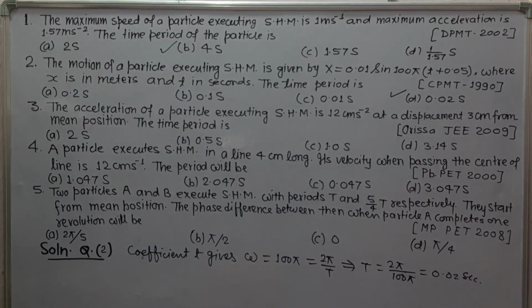Next question number 3. The question is, the acceleration of a particle executing simple harmonic motion is 12 cm per second square at a displacement of 3 cm from mean position. The time period is. Now solution to question 3.